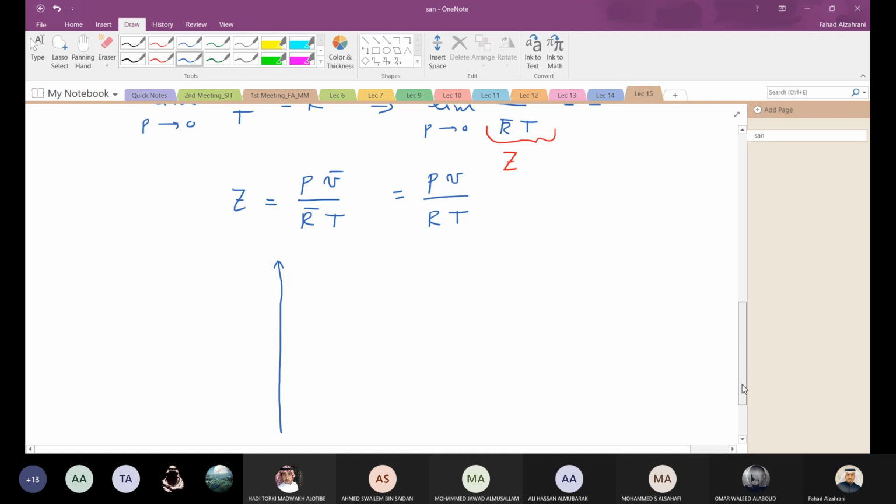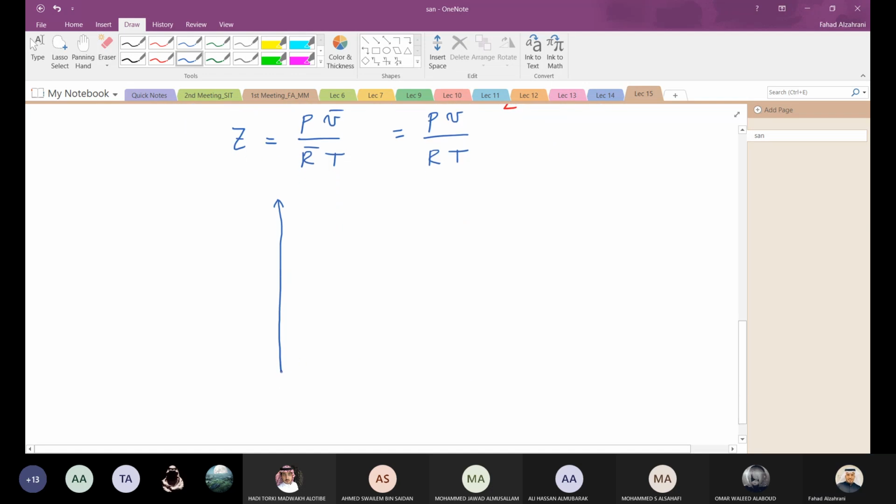On the x-axis I will have the pressure, and Z is going to be on the y-axis. This is the value for Z, which is 1. So as P goes to 0, Z goes to 1.